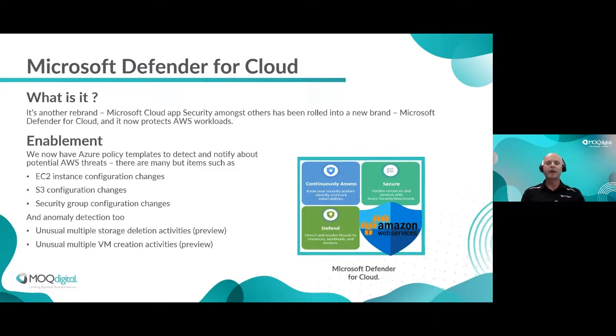So, for example, we've had a database in AWS have a ton of queries out of it, queries that don't look like normal client applications. It actually looks like someone is doing a select all statement out of the database. It can now understand that for databases and VMs running in AWS. A great new feature, and it continues to show that Microsoft's quite happy for their clients to run in all clouds, not just theirs.